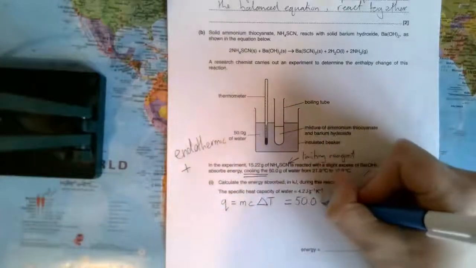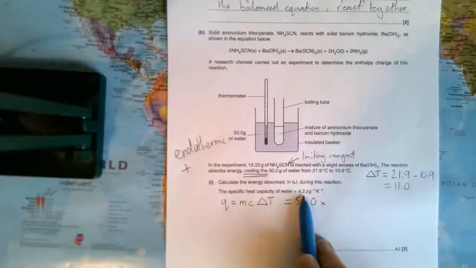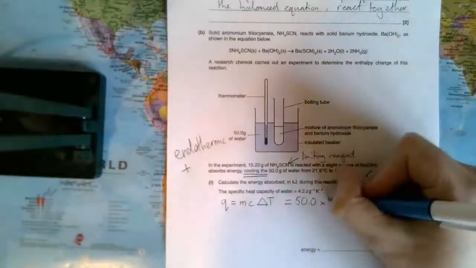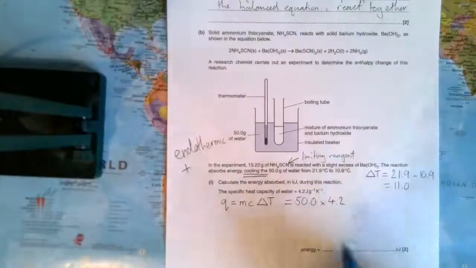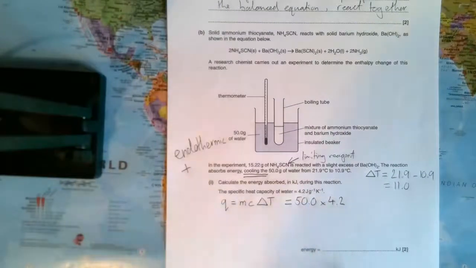So 50. Now they tell us the specific heat capacity, it's 4.2 that's given here. If you use 4.18 you can still get all of the marks, but please do try and read the question and use the values they give you.